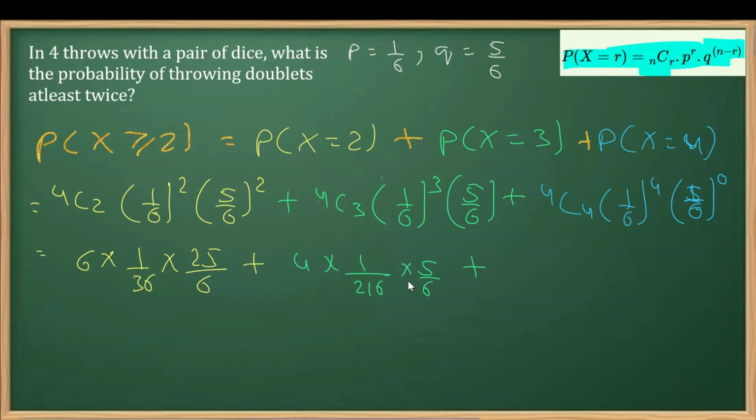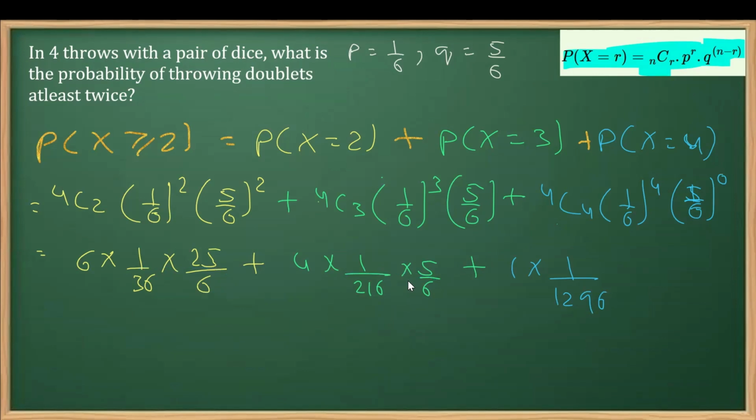And then lastly, 4C4 is 1, and 1 over 6 raised to the power 4 is how much? 216 into 6, that's 1296. This is 1296 into 1. Now this is also 1296. This also should give you 1296.